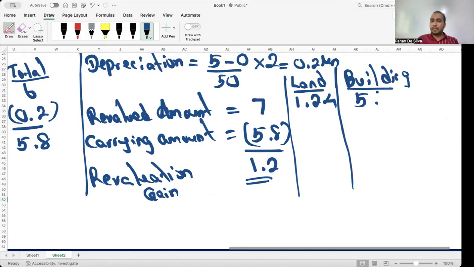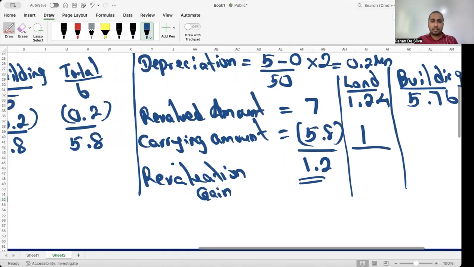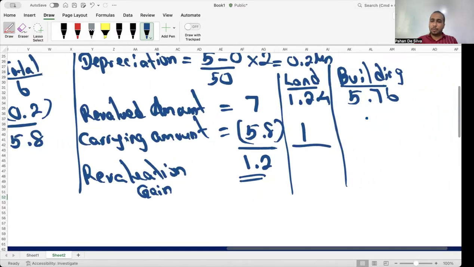So these are the revalued amounts for the respective components. The total is 7. Now you have to take the carrying amount of the land. The carrying amount of the land on the date of revaluation is 1. When it comes to the building, we have taken 4.8 as the carrying amount on the date of revaluation.